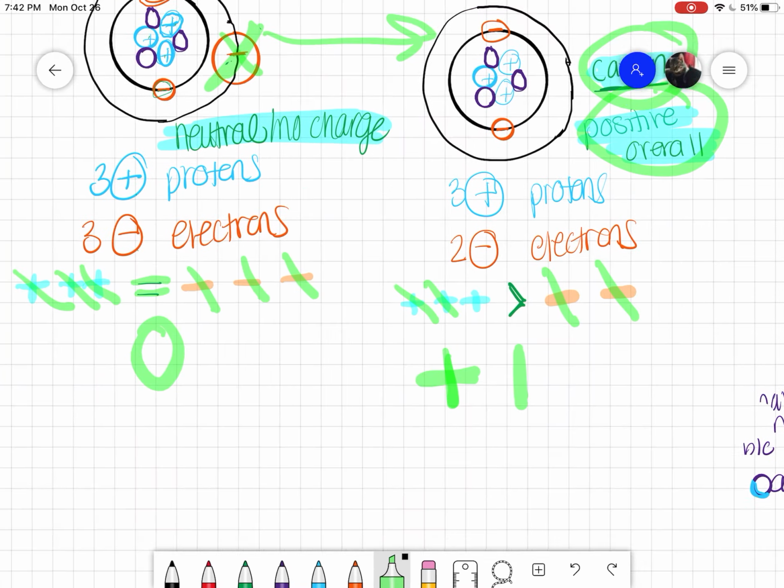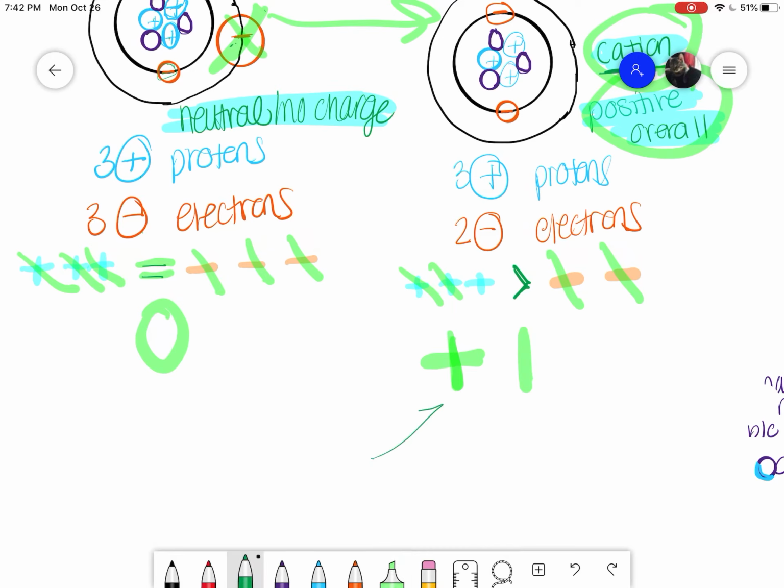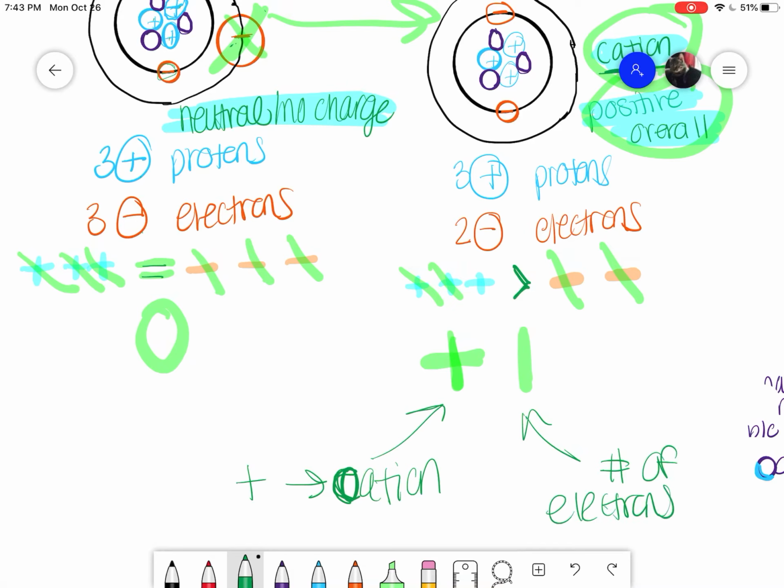So this is positive for cation. And then our number is the number of electrons lost in this case. Because it's a cation, we know that we are going to be losing.